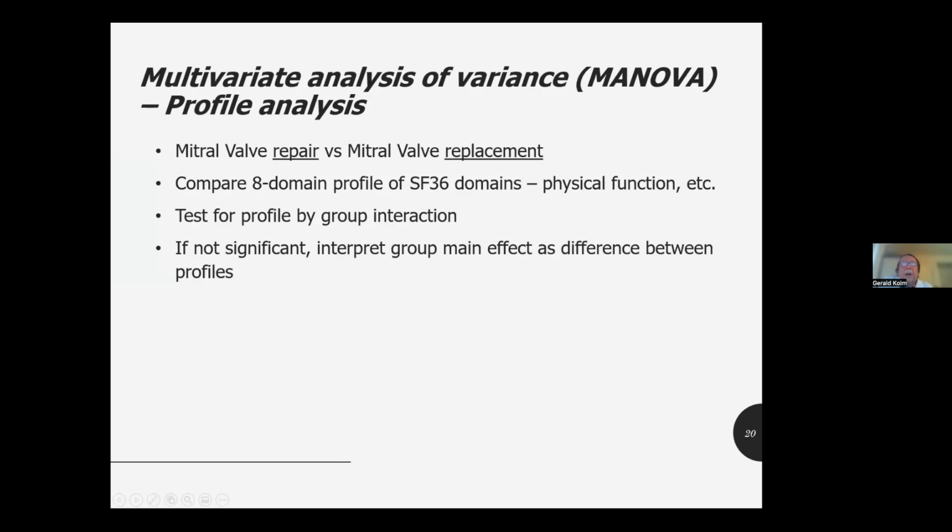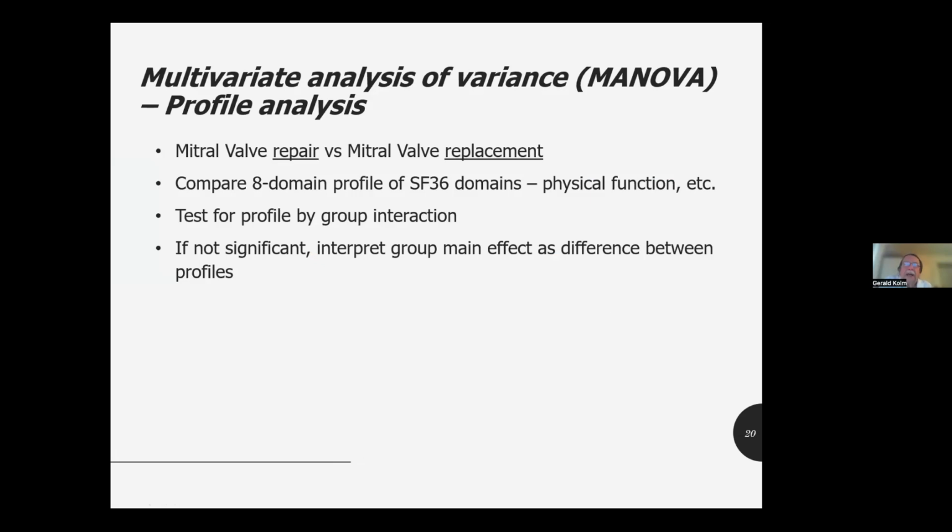So I want to just mention briefly here multivariate analysis, where we have multiple dependent variables now. We can have multiple independent variables, but the difference here is that we have multiple dependent variables.